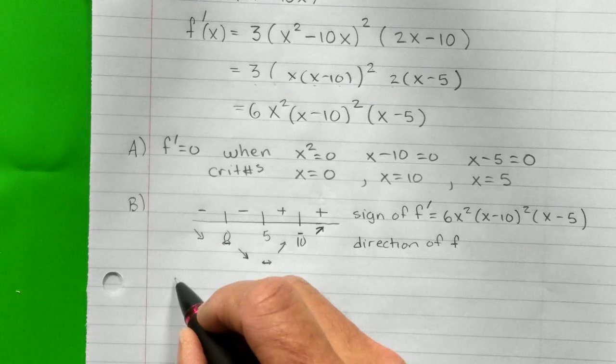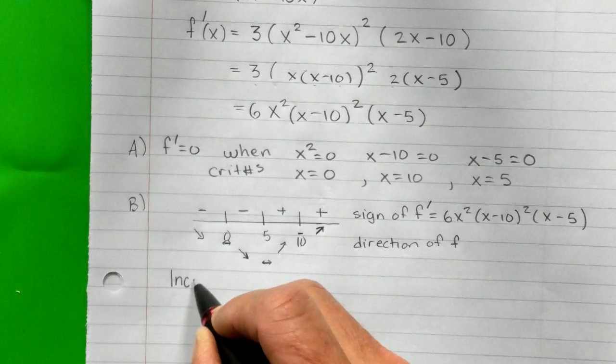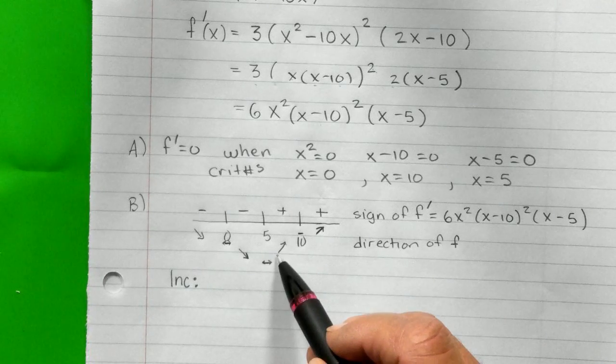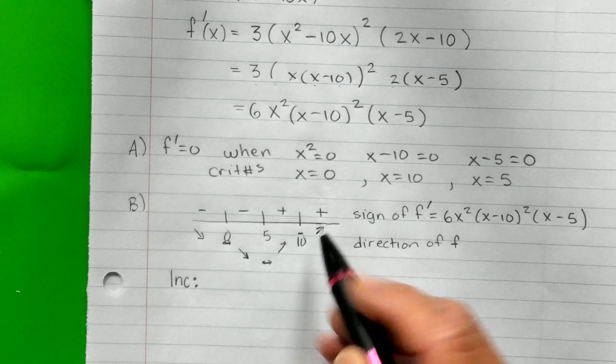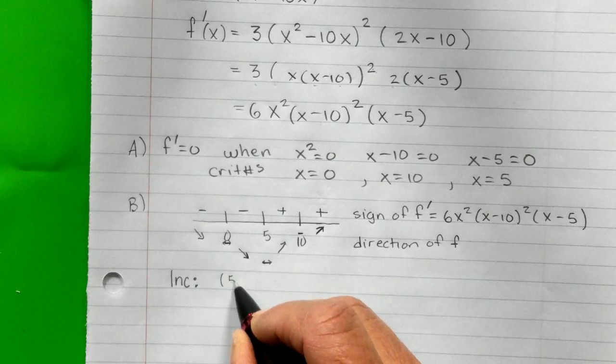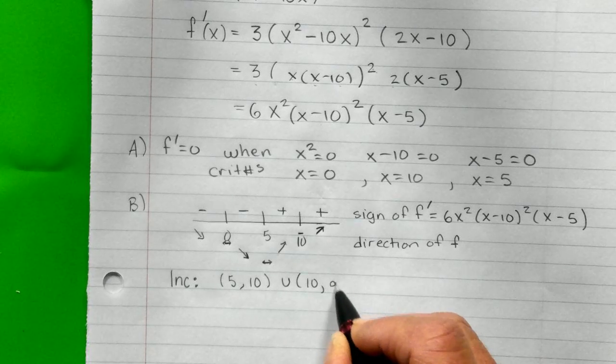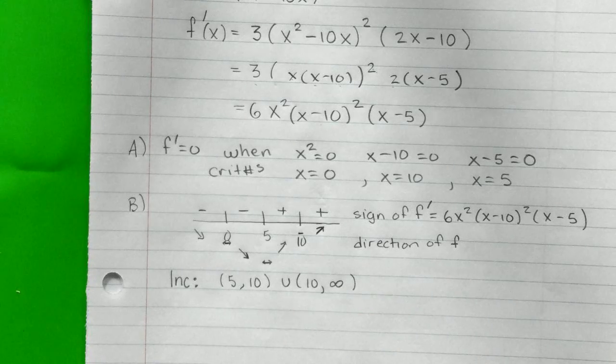And so the function increases where the arrows are pointing up. And that's between 5 and 10 and beyond 10. Between 5 and 10 and then again from 10 to infinity. So it wouldn't be right to say from 5 to infinity because it's not increasing when x is 10. So I have to write it as two intervals.